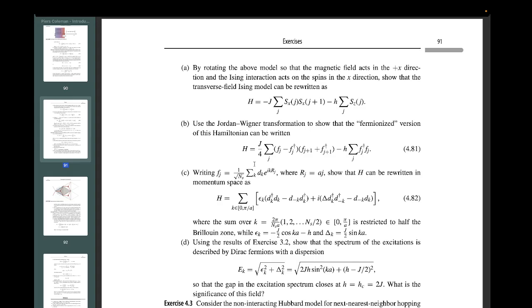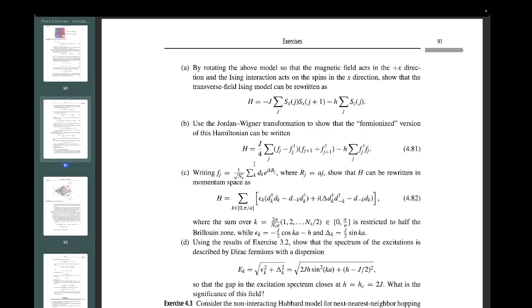Just saying this because if you look at transverse field 1D Ising model and you don't see this kind of structure, you might get confused. So I'm just telling you that it starts with Sz_j Sz_{j+1}, and this is Sx. It starts with this, and then you perform certain kinds of rotation on the operators. I am not going into those details because that's not relevant. What we want to do is just use Jordan-Wigner transformation here.